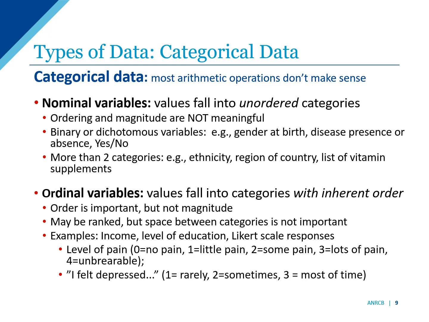Examples are measures of income or wealth, level of education, or the responses to Likert scale questions ranging from strongly disagree to strongly agree. Here we see example categories for indicating level of pain or how often someone feels depressed. Most arithmetic operations don't make sense with categorical data, so we use other types of operations to analyze this type of data.